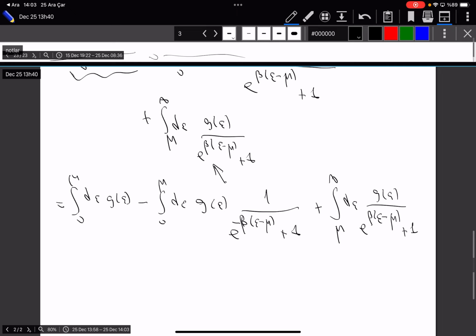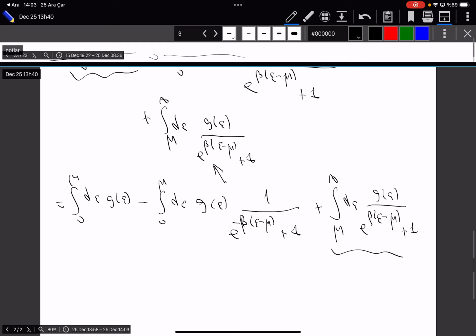Well, I still would like to somehow simplify these. One of you had proposed to set the exponent, not just beta epsilon, but beta epsilon minus mu, to x. Now let's try that, because now I can do that.